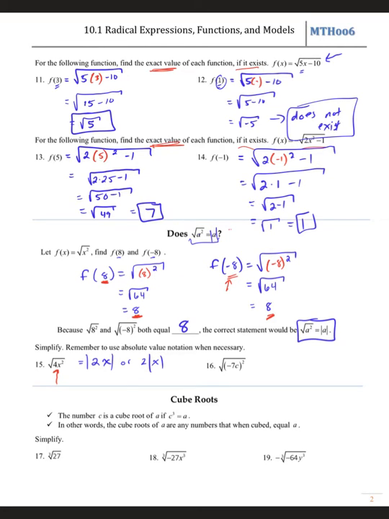Now, I want you to take a second and see if you can simplify number 16 using the absolute value bars if necessary. Okay, underneath this radical, since you notice that we have the square root of a negative 7c being squared, this square right here is going to cancel out with the index that we have, which leaves us with just this negative 7c.